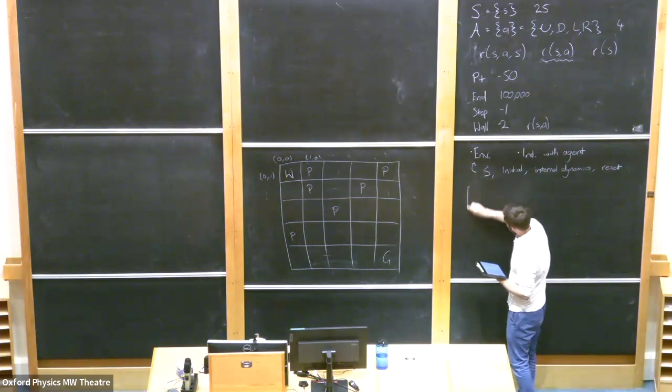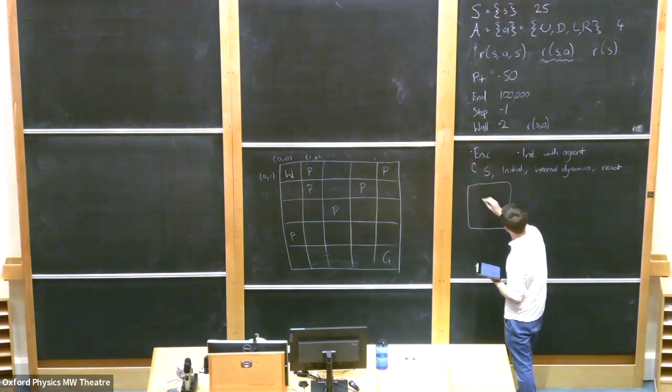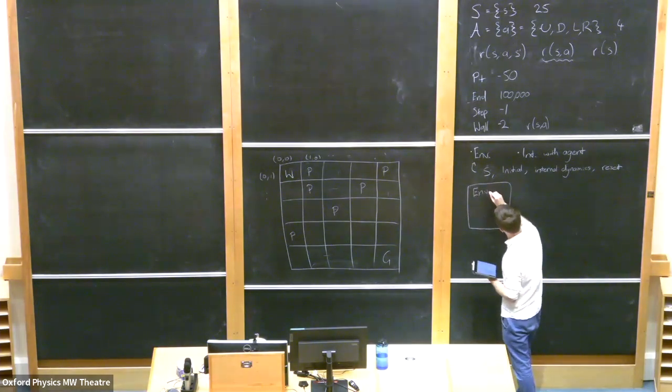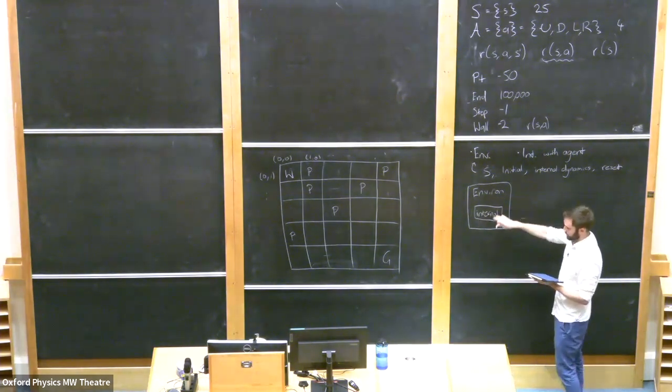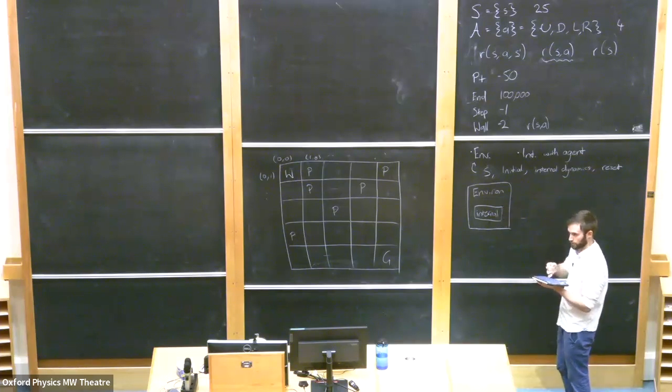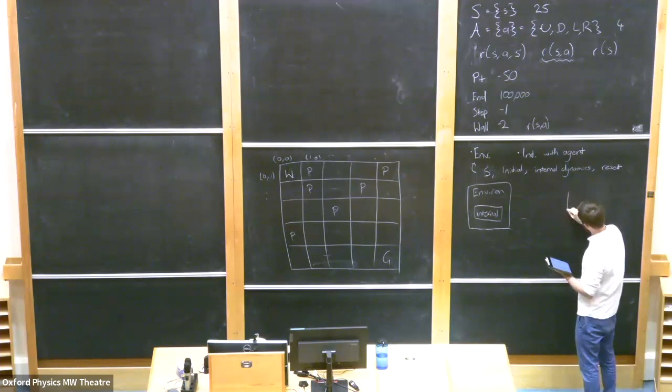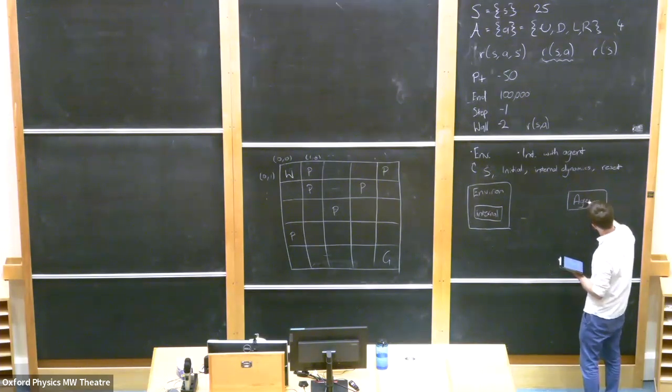We have this environment, and it has some internal state, internal dynamics, which are going to tell you how you transition between states as the agent takes actions, for example. And then we're also going to have an agent, which is the thing we're going to train later.